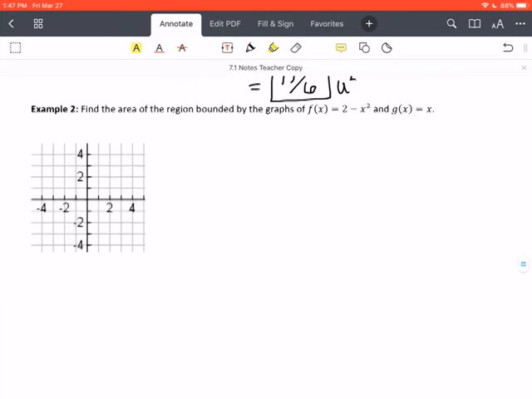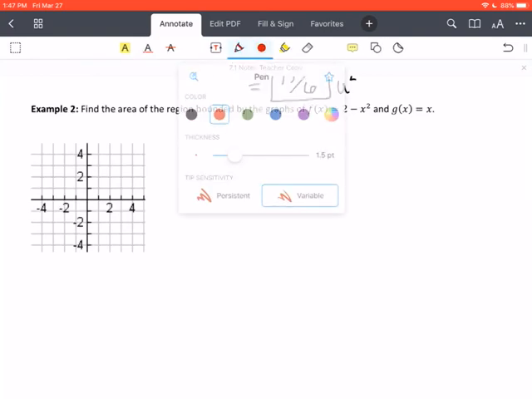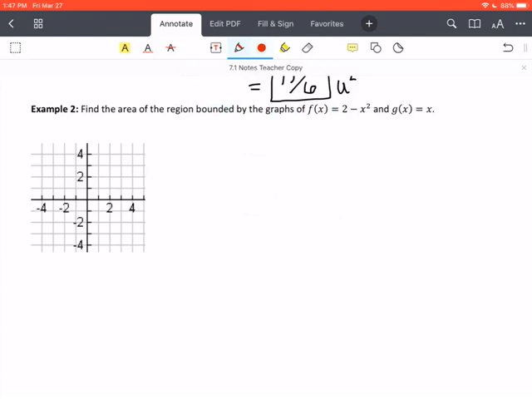So the next example is find the area of the region bound by the graph 2 minus x squared. So we're going to be up at 2, and then it's going to be an upside down parabola. And you can use your graphing calculator. Please make sure you've downloaded the graphing calculator if you don't have your own at home.